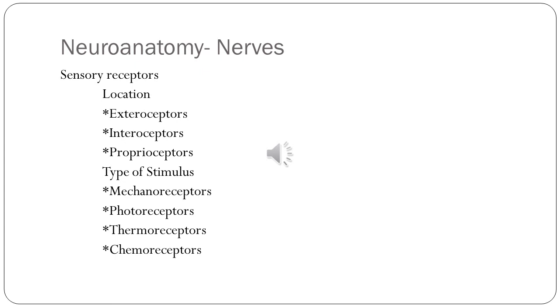The chemoreceptors are responsible for noting changes in the concentrations of carbon dioxide and oxygen in the blood. So again, your two basic classifications are location and stimulus, based upon where they're at and what type of stimuli the sensory nerves are stimulated by.